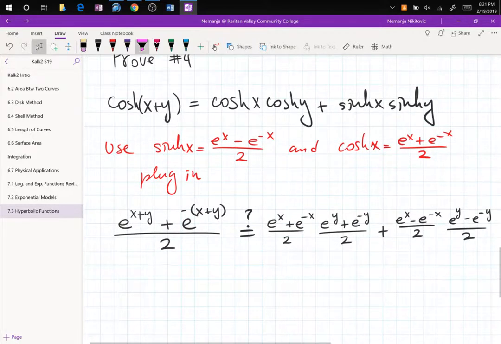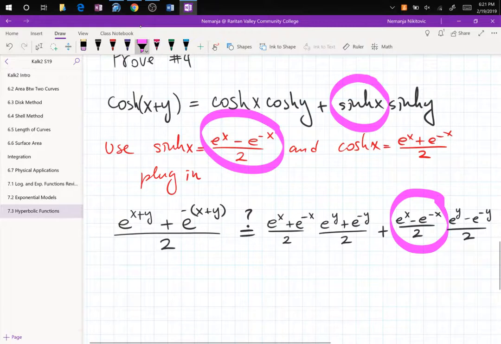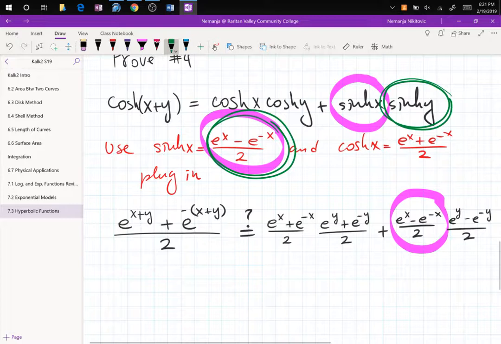Okay, so let's trace. So what do I have? I have sine hyperbolic x, using this one, and then it lands here. Do we all follow that? Let's take a look at the last term. This is still sine, so I'm still using the same one.